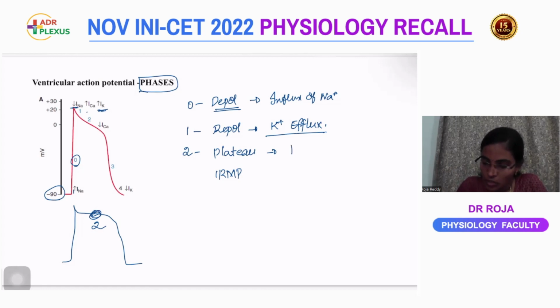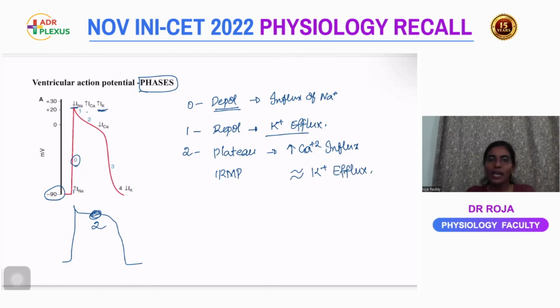So the plateau phase is because of calcium influx, which is almost equivalent to the efflux of potassium. There is a positive charge moving out and a positive charge coming inside, so the net diffusion is relatively constant, or we can say there is no proper net diffusion. Hence, the membrane potential is maintained constant. That is the plateau phase.